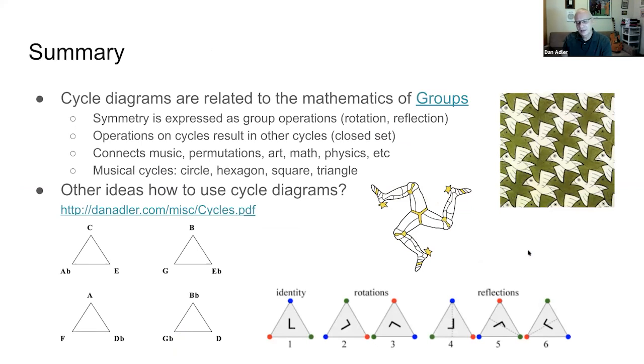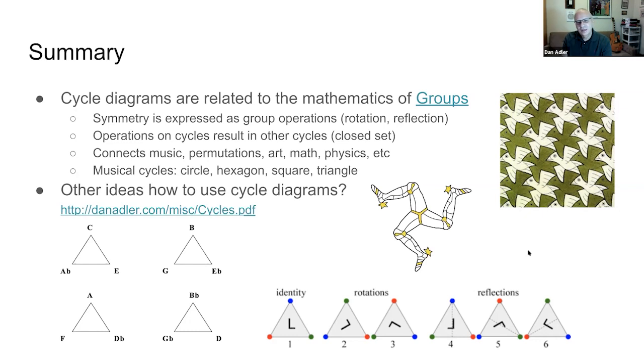So just to close it out, cycle diagrams are related to the mathematics of groups. If you're interested in rotations, reflections, group theory basically shows you how to deal with symmetry in all forms of music, physics, math, art, and so on.